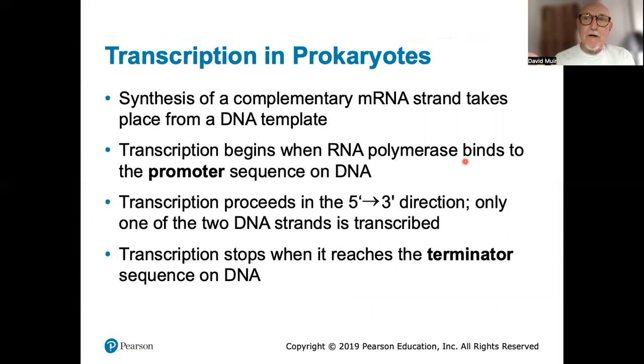It has to be read that way because we can only make the RNA strand in the 5' to 3' direction. You can only build the RNA strand by adding nucleotides at the 3' end. And so if the RNA strand is being made from 5' to 3', it must be read off in the 3' to 5' direction of the DNA.